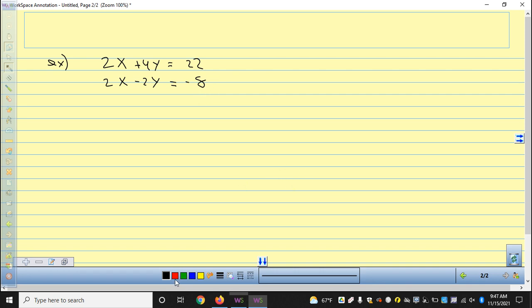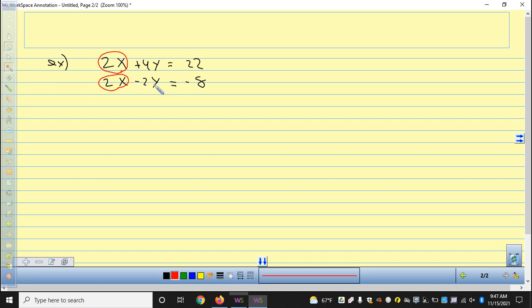Well, this time, I see I have a 2x here and a 2x here, but they're the same sign. So I could subtract, but my suggestion, instead of subtracting, is that we always try to add, because it's easier to not make arithmetic errors.